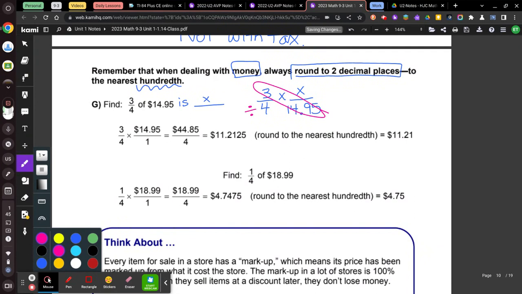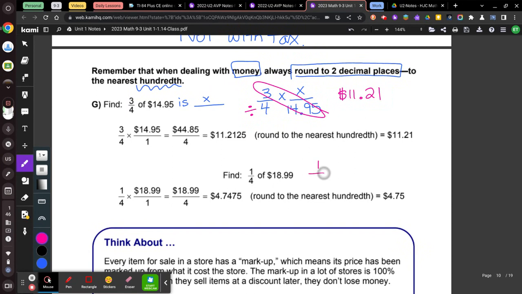And that's going to give us a total of $11.21. So 3/4 of that price is $11.21. Now it says find 1/4 of it. If you find 1/4 of the number, so where are we at? 1/4 of 18.99.